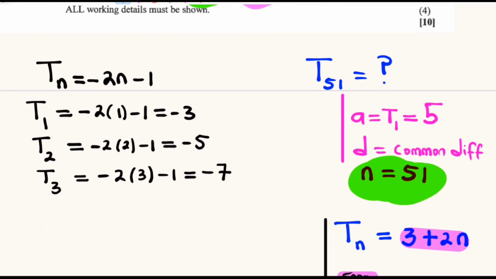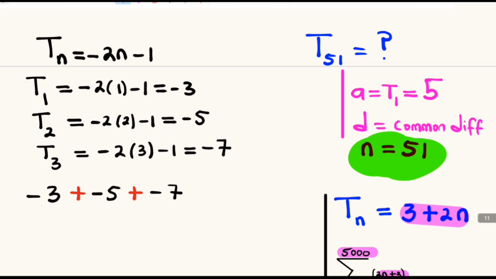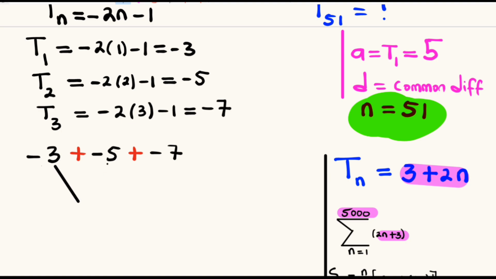We now have the first term as negative 3 and the second term as negative 5 and the third term as negative 7. And the common difference: negative 5 minus 3 will be equals to negative 2, and negative 7 minus negative 5 will also be equals to negative 2.